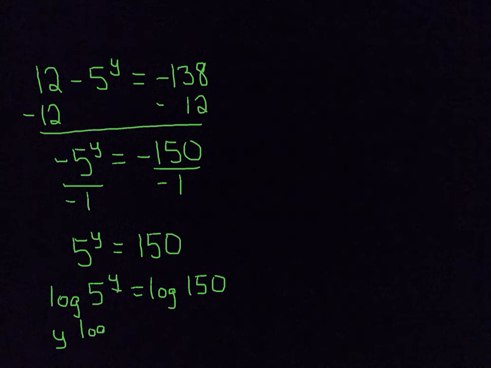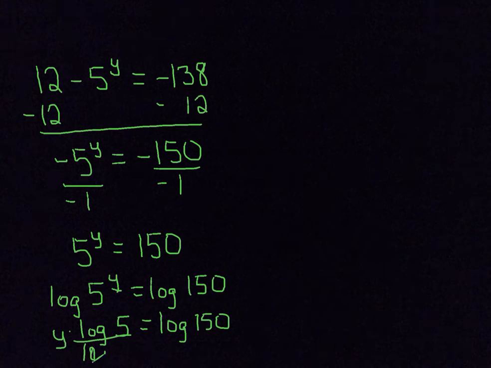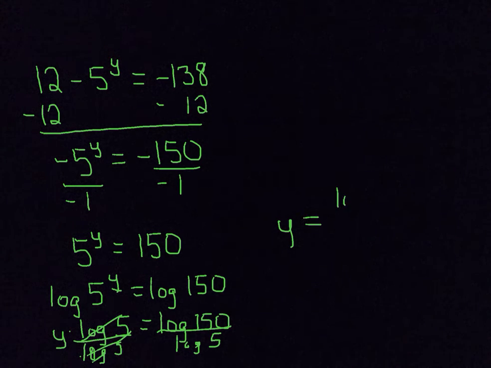So it's y log of 5 is equal to the log of 150. Since this is being multiplied, you can divide by the log of 5 from both sides. And we have it in base 10, which is what we want. So this will cancel, and we have y is equal to the log of 150 in base 10 divided by the log of 5 in base 10.